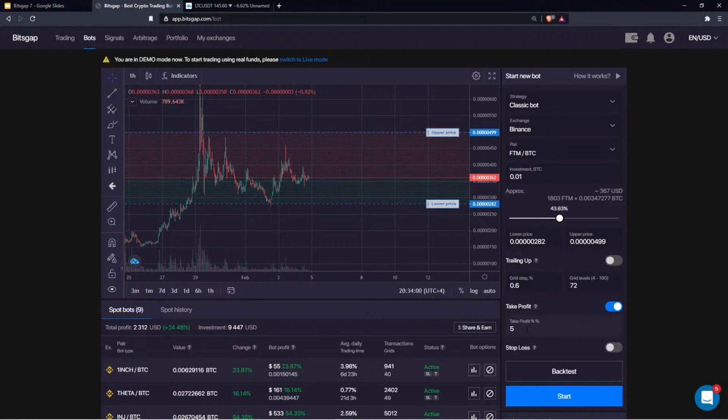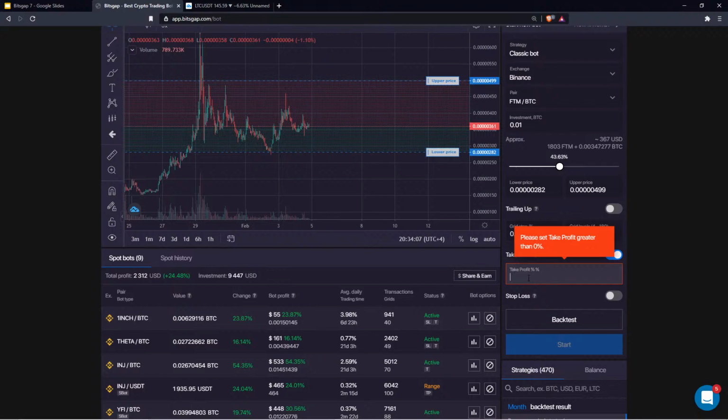Take profit is the one that you use if you want to secure your returns. So let's say as soon as the investment change reaches, let's say, 24%, then it automatically closes the bot by selling all of the base currency that you had at the time when the take profit requirement was fulfilled.